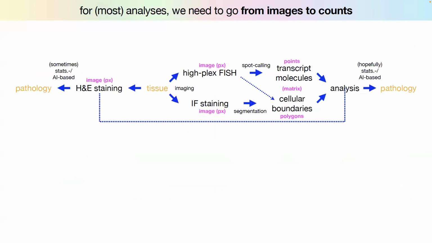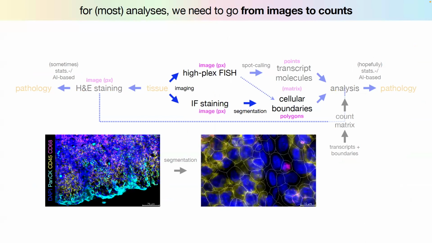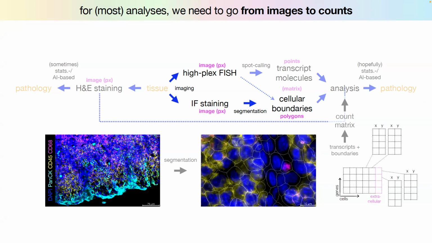Okay. So that was this part. On the other hand, we can go to the cell level. And for that, as has already been mentioned, we usually have a composite of a bunch of IF markers. We do segmentation. We count the transcripts to get a count matrix. And what we then get is more than just a matrix. Sorry, it's a bit small.